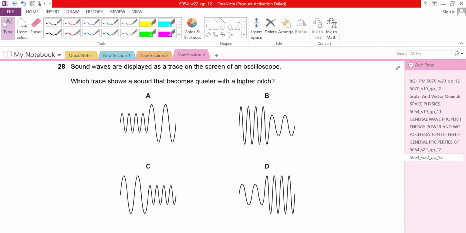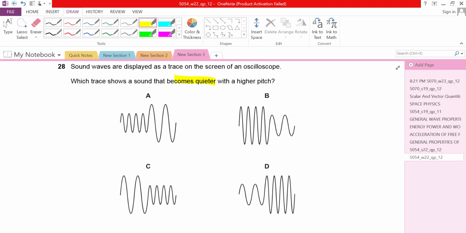Sound waves are displayed as a trace on the screen of an oscilloscope. Which trace shows a sound that becomes quieter with a higher pitch? Quieter means less loud sound.